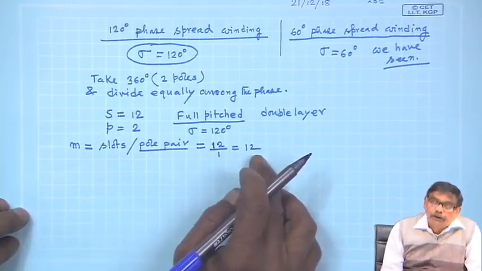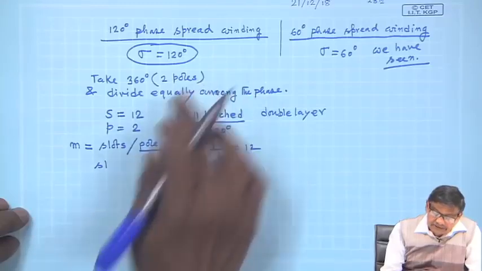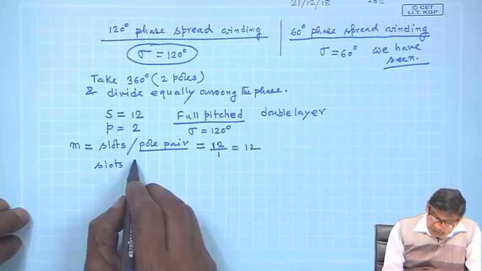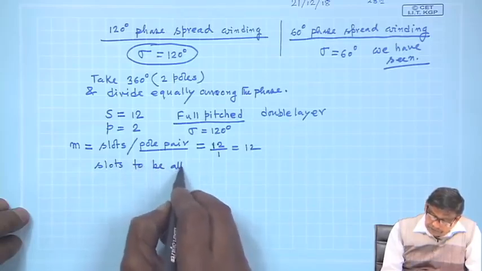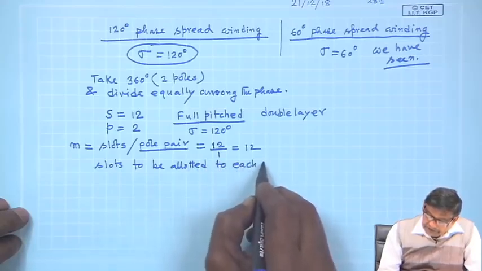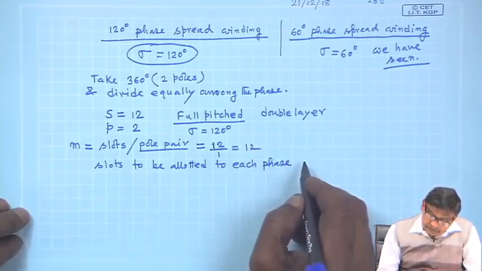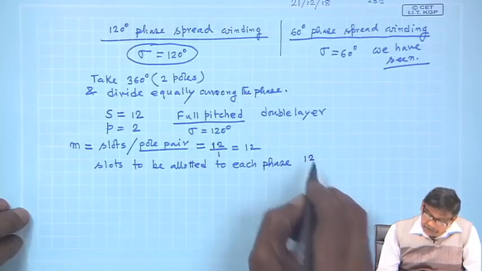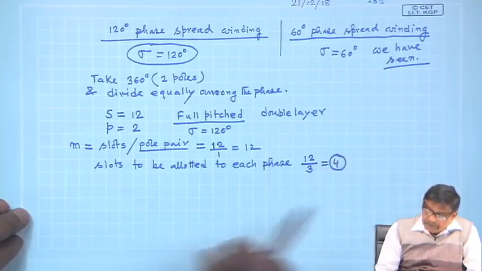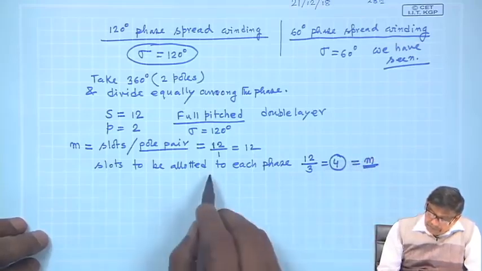And then out of this 12 slots, that is 360 degree, the slots to be allotted to each phase will be this 12 divided by 3, 4, and this will be the value of m per phase.